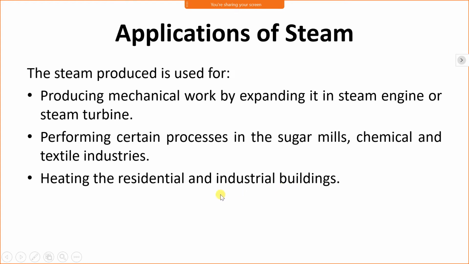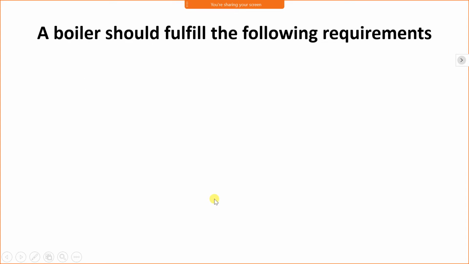You might have seen in a gym, or in a household application also, we use a steamer for taking steam. When people come back home from work, they get exhausted, and to relax, many people take steam. The steam is used in gyms or in residential applications for taking steam.